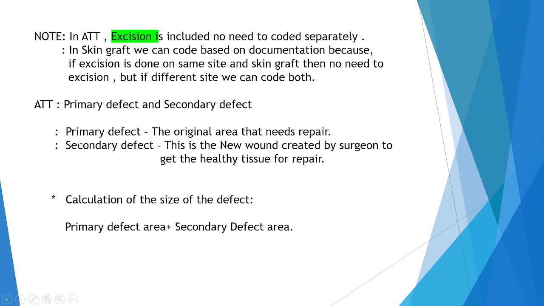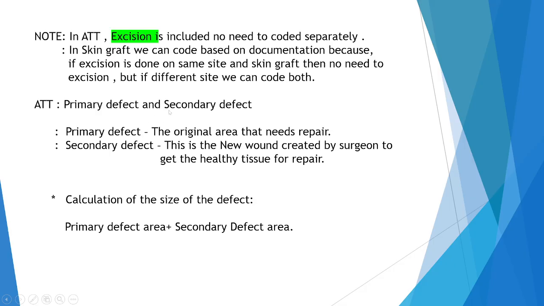The primary defect and the secondary defect. The primary defect is the original area that needs repair, which means the recipient site. So we say that the primary defect is the recipient site.